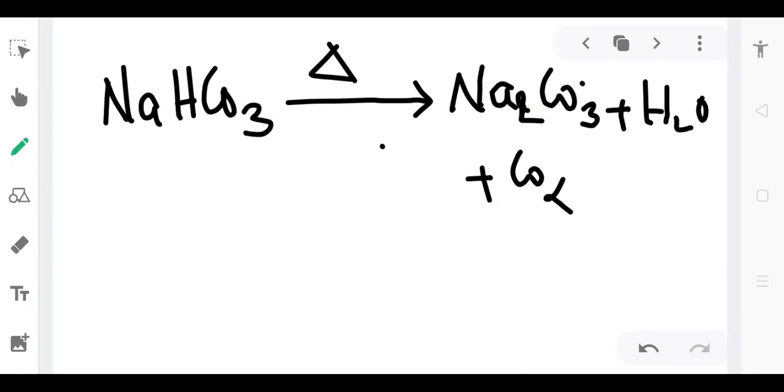So these are the products when baking soda is heated. We add baking soda for the purpose of baking, and baking means heating takes place.